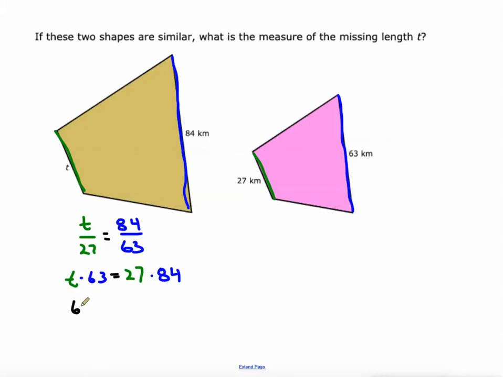All right, t times 63 is just 63t, and 27 times 84 is 2268. And then to solve this equation, you just divide both sides by 63, and 2268 divided by 63 is 36, and that measure is in kilometers this time, so 36 kilometers.